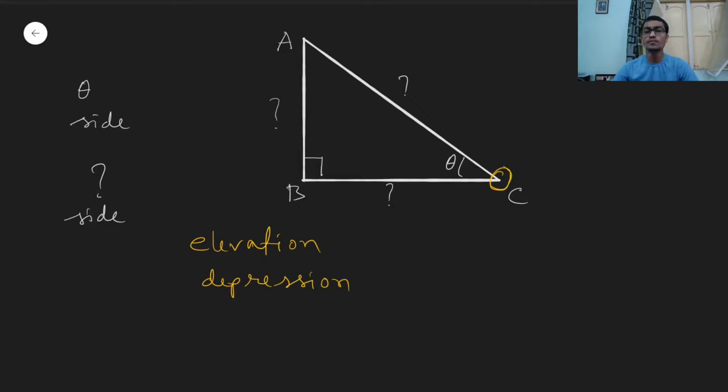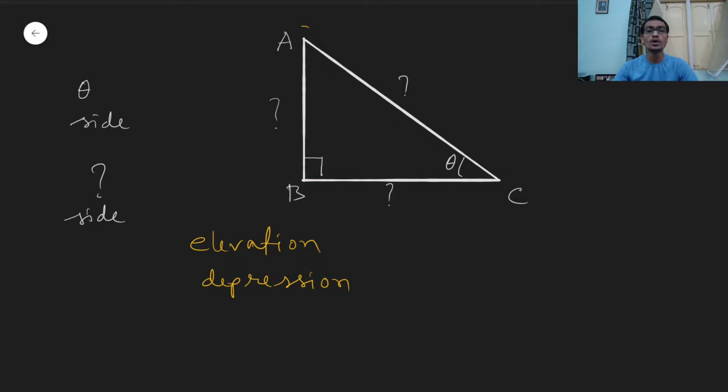When somebody from C looks towards the point A, then the line CA makes an angle theta with the horizontal level BC. Then this angle theta is called the angle of elevation.